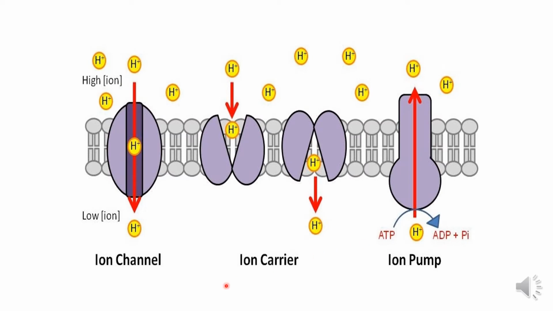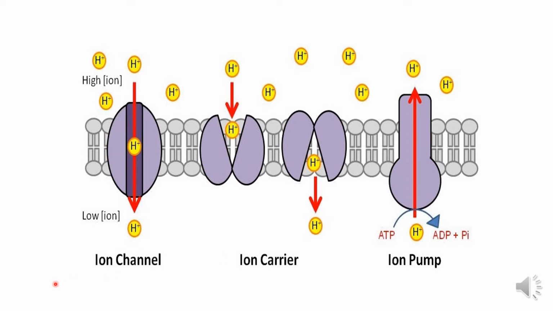Now you can see that there are three different types of proteins here: the ion channel, ion carrier, and ion pump. The ion channel and ion carrier are used in passive transport, whereas ion pumps are used in active transport, wherein ATP is hydrolyzed and energy is utilized for the transfer of ions.